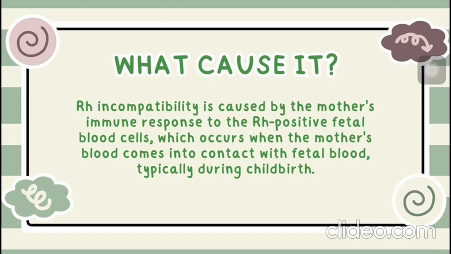So, if an Rh negative mother is carrying an Rh positive baby, her immune system perceives the Rh positive blood cells as foreign. This leads to an immune response, and during this time the mother's immune system produces antibodies against the Rh positive blood cells.